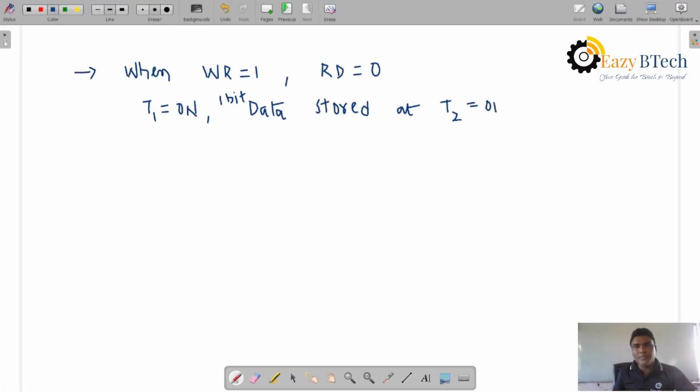So T2 is on, and the data is stored at CG. We call it CG because it is nothing but the gate capacitance, right?